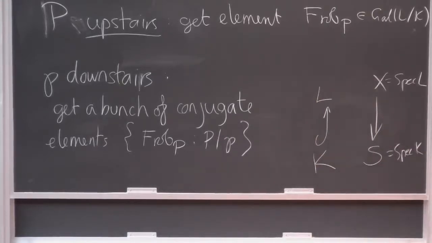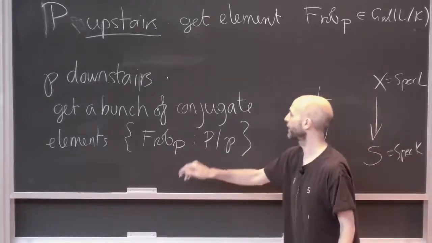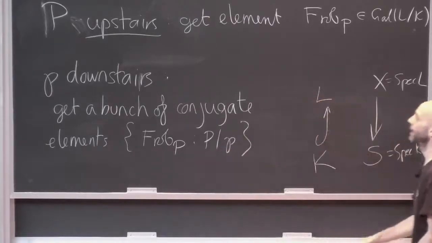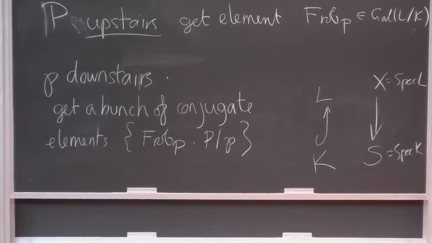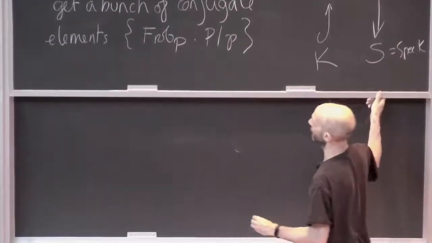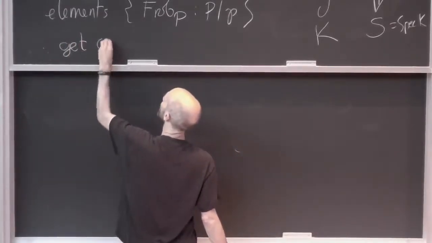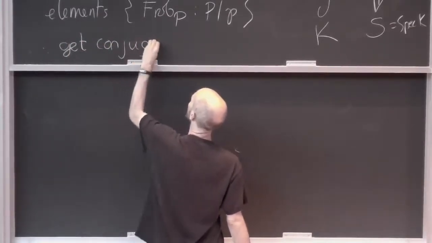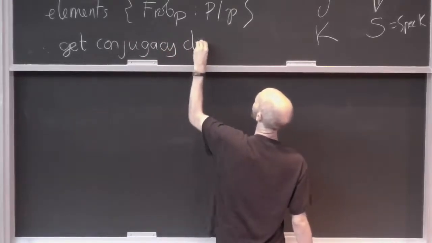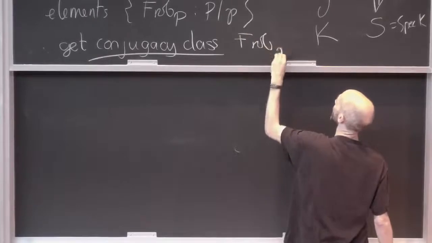And you see you get different ones. If you take some random element of Gal(L/K) and you conjugate Frob_P by it, you'll get Frob_P', where P' is where the Galois element sent P. So that's really a conjugacy class, right? We get a conjugacy class.